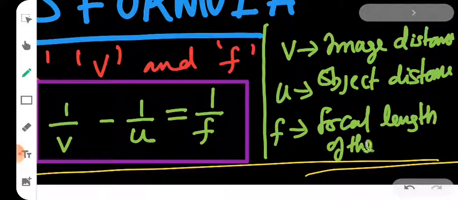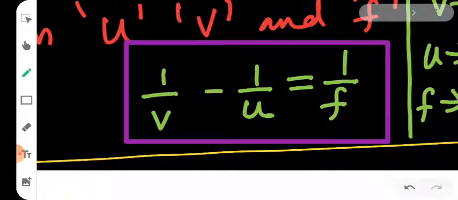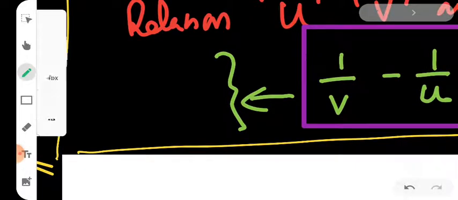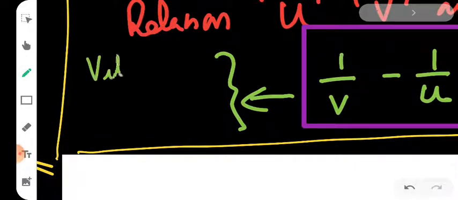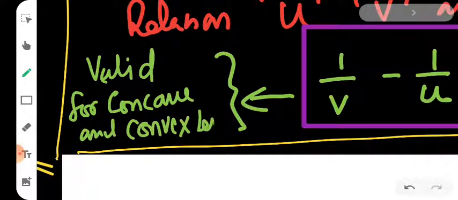So this is the lens formula. You have the lens formula. This lens formula is valid for both concave and convex lenses. That's a spelling mistake, it should be lenses.